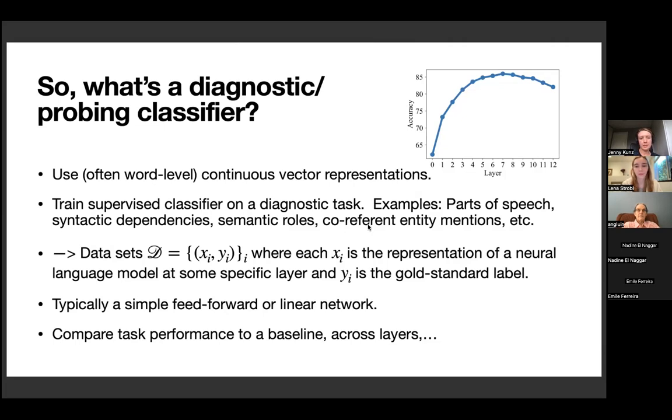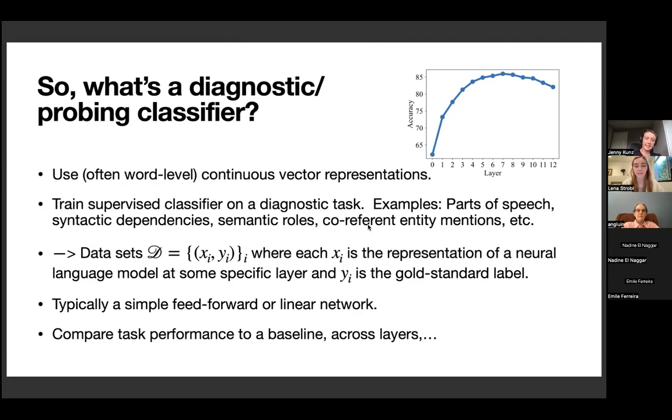And you take these representations and train a supervised classifier on a diagnostic task. And you can have all sorts of tasks. Examples for word level tasks are part of speech tagging, tasks with syntactic dependencies, semantic roles, co-referent entity mentions, and so on.